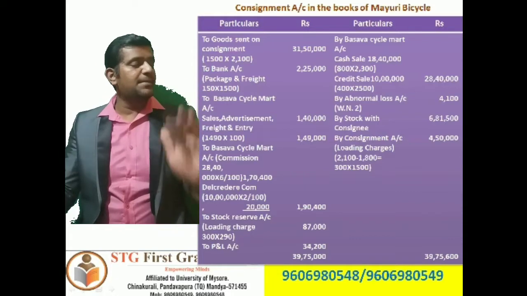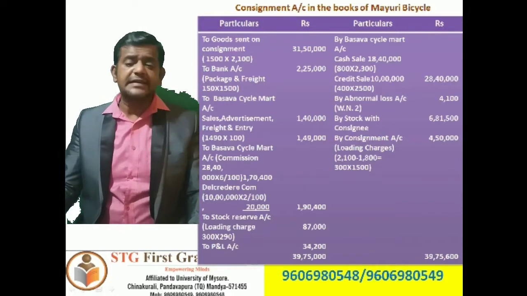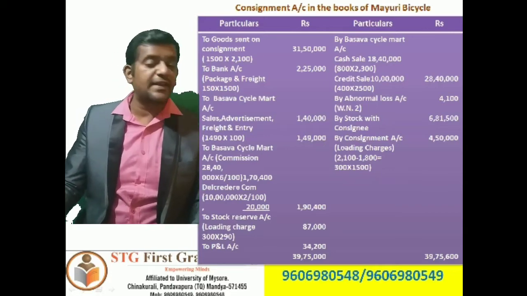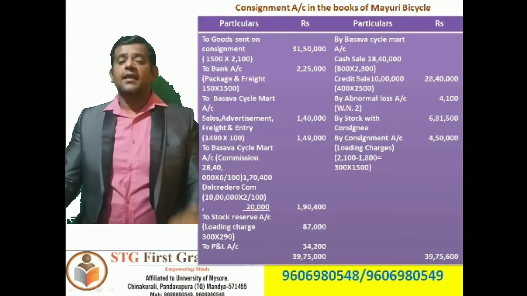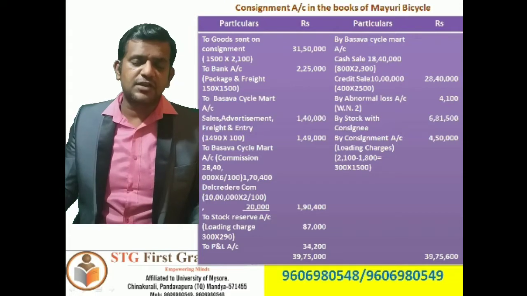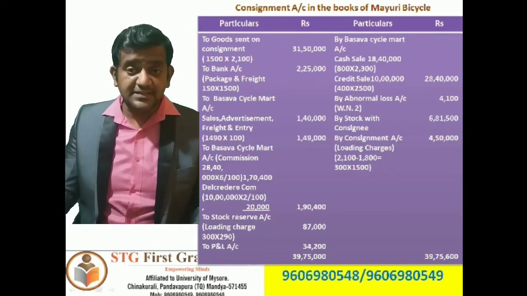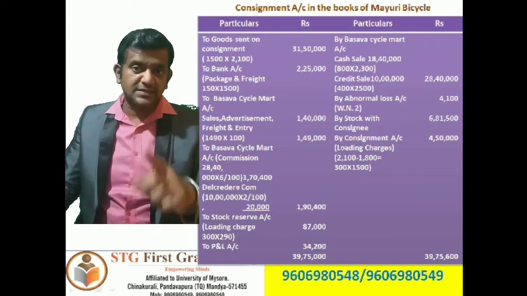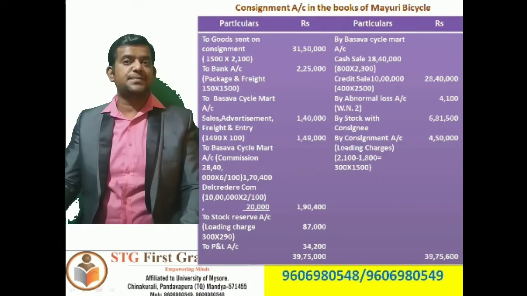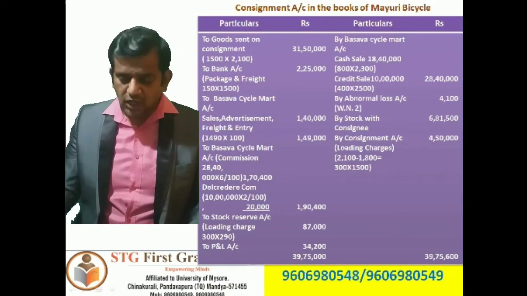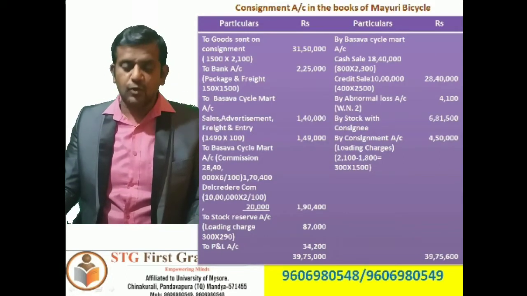So now in the debit part, we have done till the commission, which we have identified as 1,90,400. Now it is time to find the stock reserve, which we always calculate on closing stock only, when there are two different prices, invoice price and cost price. So to stock reserve account, that is nothing but loading charges.